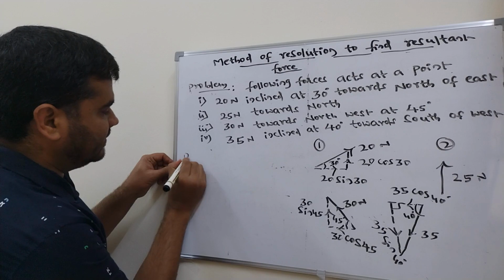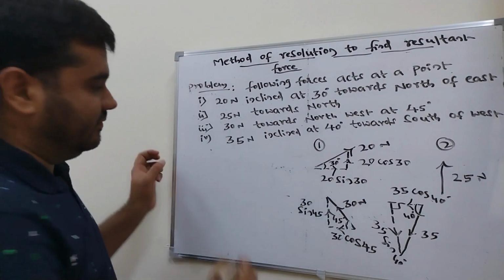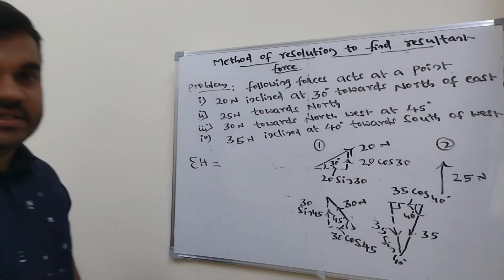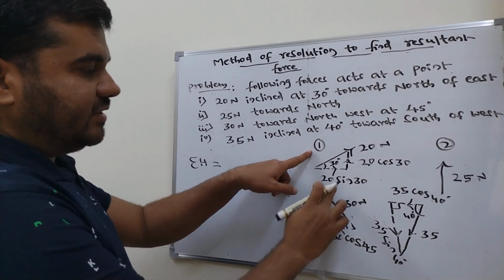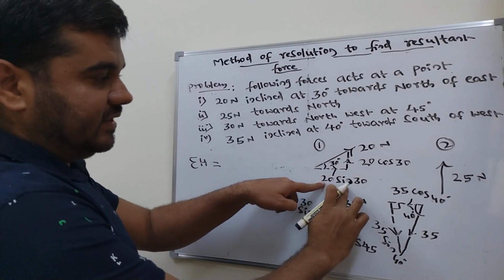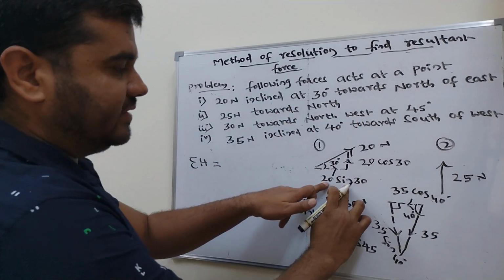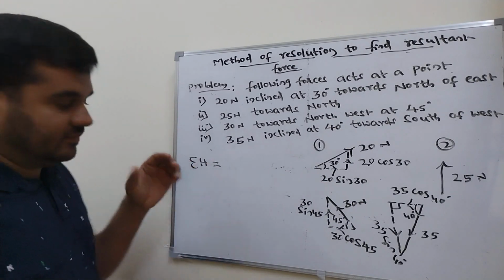The resultant force equal to, first we will find out the total summation of horizontal forces. Okay, summation of horizontal forces. First go to the first force. The horizontal component of this, right? That is, horizontal component is 20 sine 30. You remember the signs.